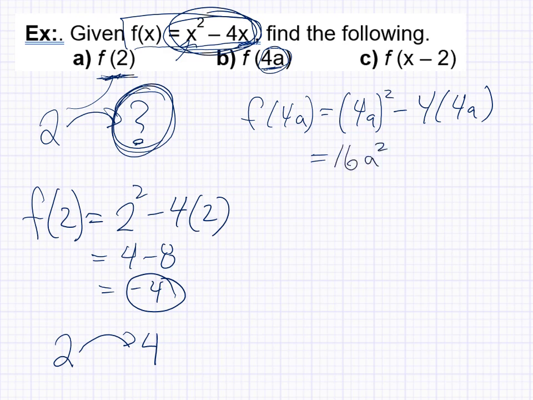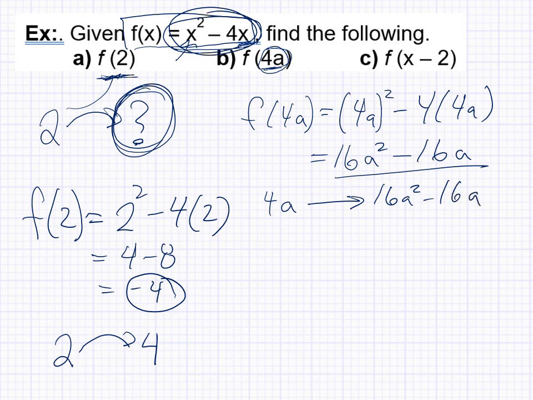Then negative 4 times 4a is negative 16a. If I could simplify it, I would, but I can't. If you want to say factoring it is simplifying, you could do that, but I don't want to say that factoring is simplifying. So in this case, that would be what f of 4a gets matched up to. So again, 4a goes into the function, and 16a squared minus 16a comes out.